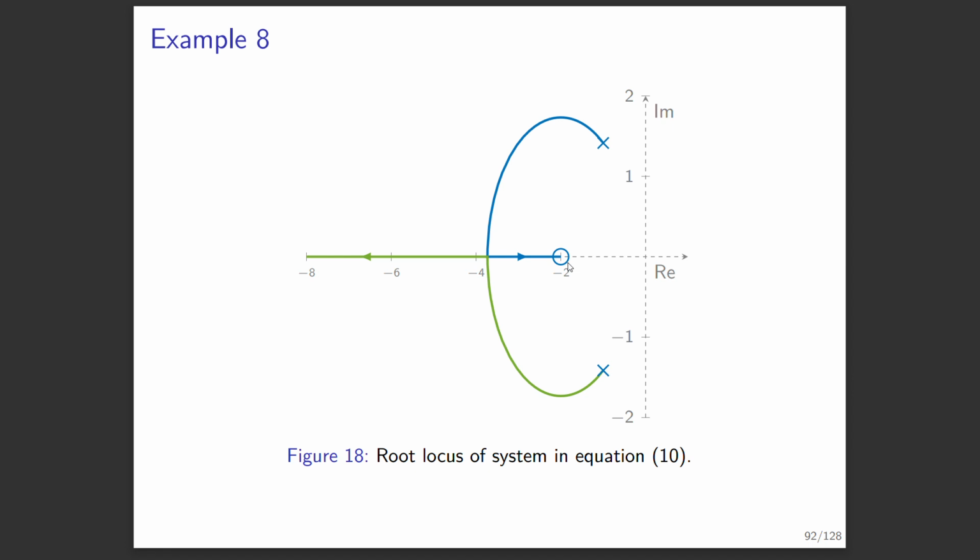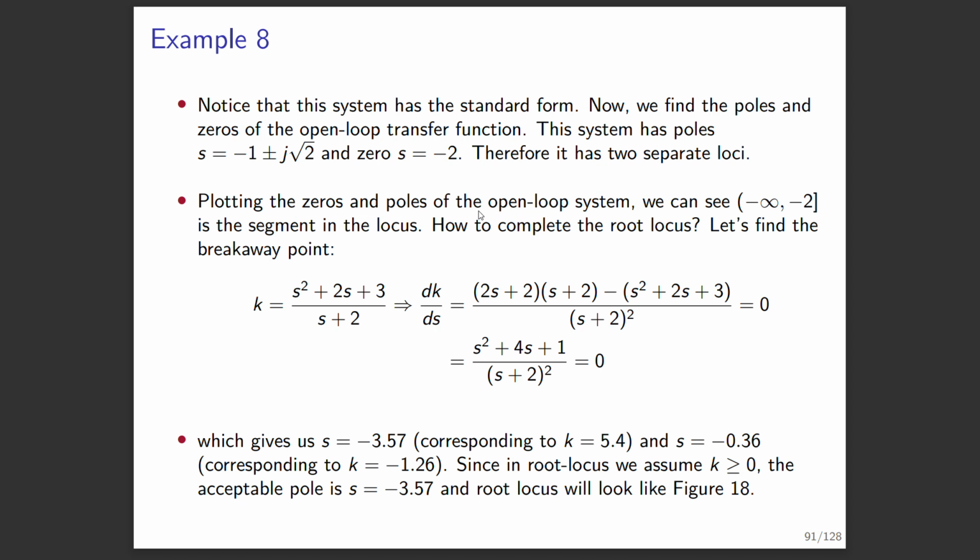So they probably meet each other somewhere. So it makes sense to compute the breakaway points. So how do I compute the breakaway points? I find k, which is the inverse of my gh, and then I take the derivative with respect to s, and I put that equal to 0.